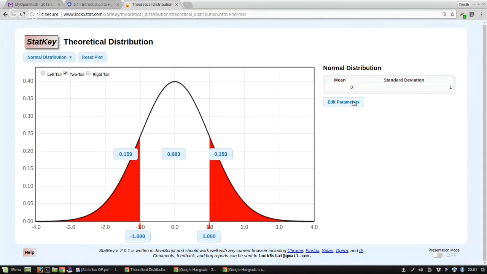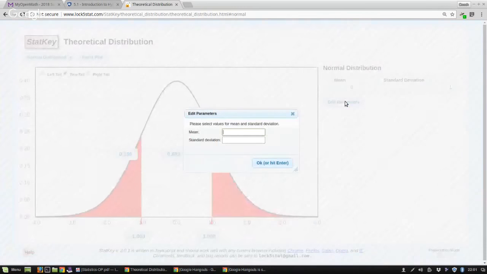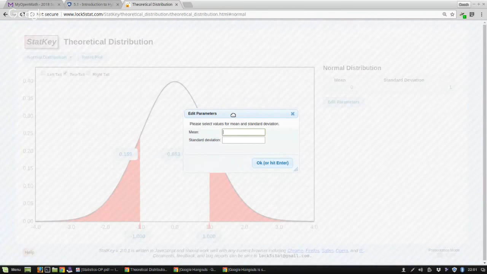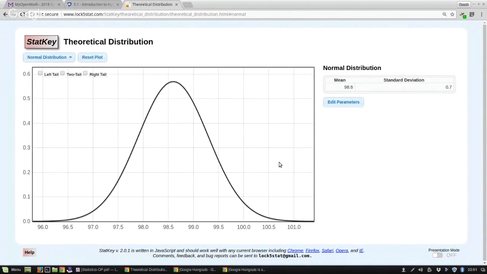A situation that might be more relevant to help us understand it would be looking at human body temperature. So let's go with the default assumption that average human body temperature is 98.6. Standard deviation tends to be about 0.7 degrees Fahrenheit. Now, if I look at a standard deviation to each side of the mean, I'm going to look at the two-tail test here.